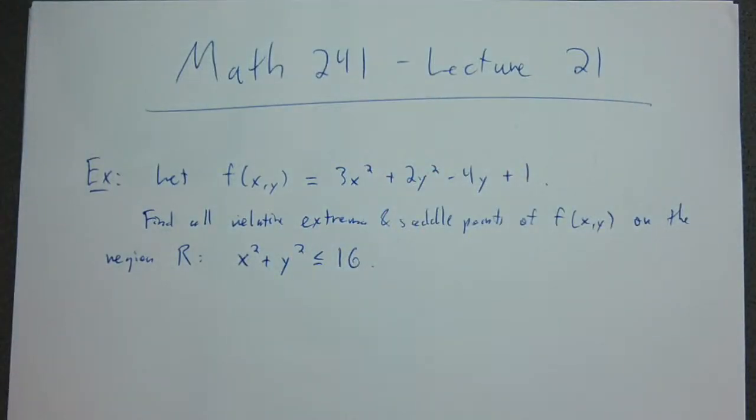So it's the set of all x, y in the plane such that x squared plus y squared is less than or equal to 16. You should immediately recognize this closed disk of radius 4.